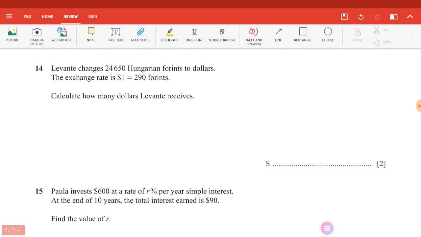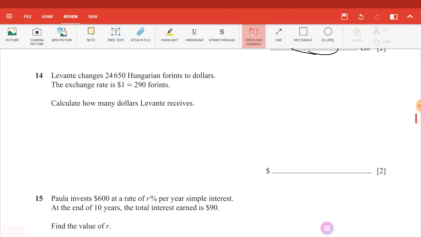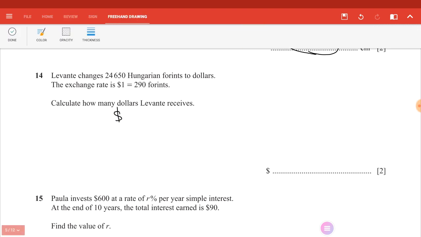We're going to change 24,650 Hungarian forints to dollars. The exchange rate is $1. Each $1 is 290. So what about 2460?